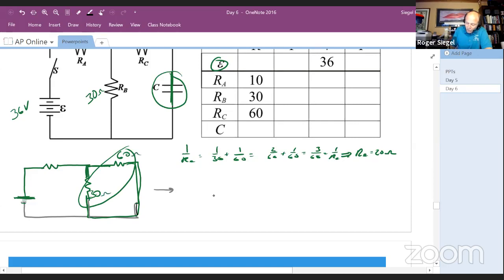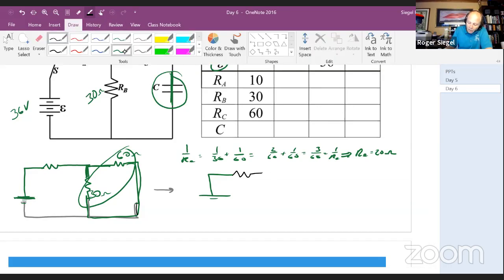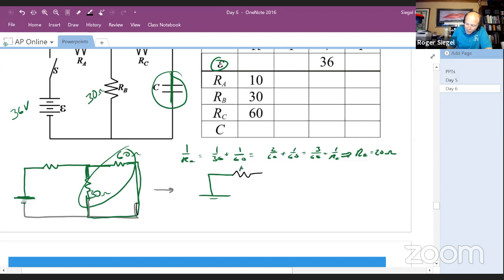So now I'm going to draw a new circuit here. I've got the 10 ohm resistor here, and now this 20 ohm resistor, which is really just the equivalent resistance from these two.